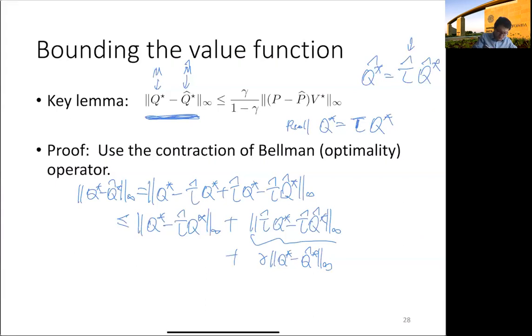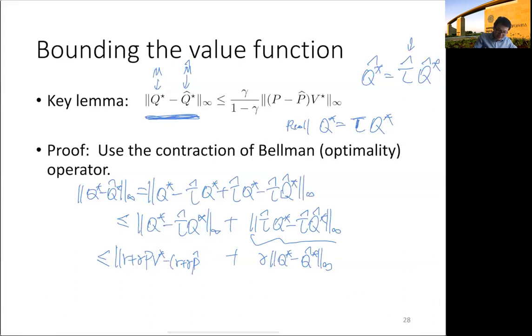Okay, so how about this one? Here we're just substituting the definition of the Bellman equation. Then we can add r plus gamma P times V star, where V star is the optimal value function for the true MDP, minus r plus gamma P hat times V star.